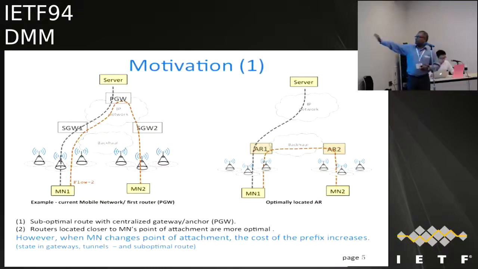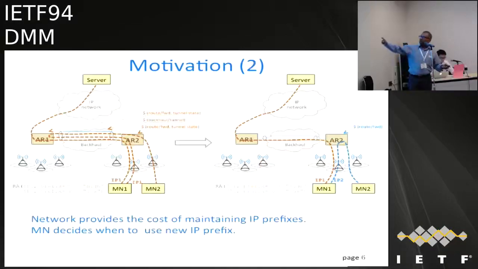So now looking at the figure on the right side, you can see that the MN is now attached to AR1, while MN2 is attached to AR2, and there's a communication flow for that case. Now going to what happens when the MN1 moves to AR2 and still maintains that same flow.